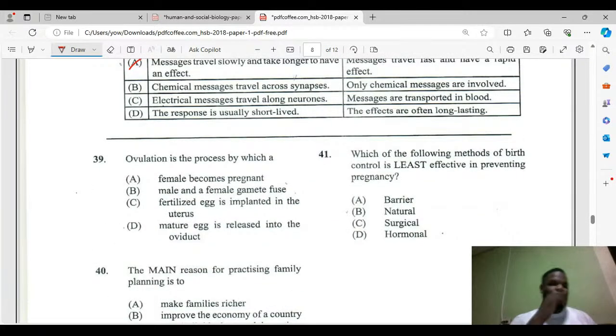Next, ovulation is the process by which what occurs? A process by which a female becomes pregnant. Male and female gametes fuse. A fertilized egg is implanted in the uterus. An egg is released into the oviduct.